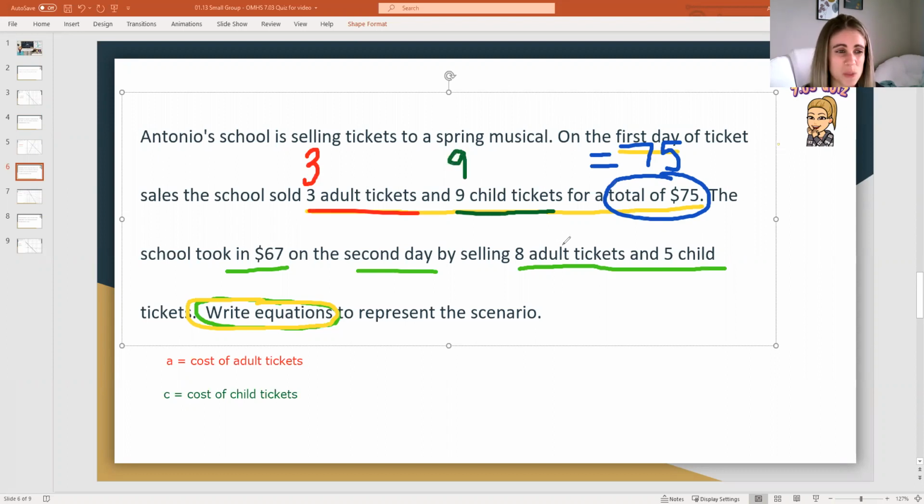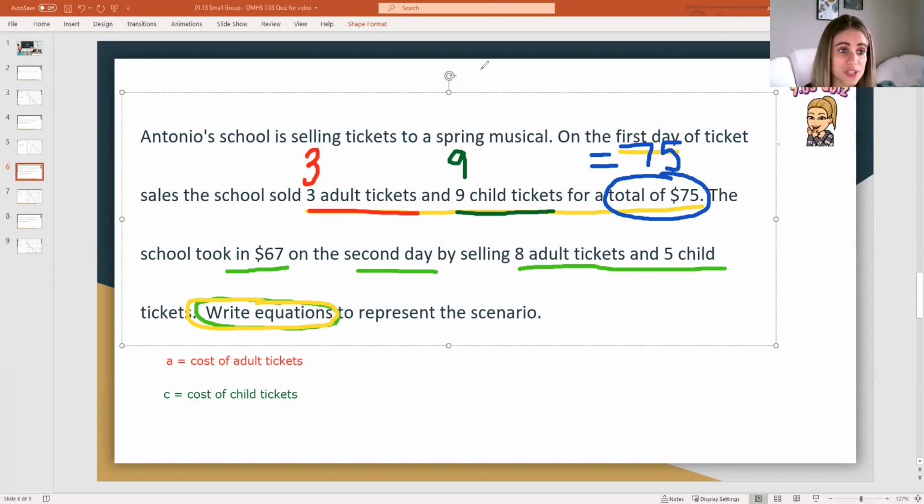But it can't just be 3 and 9 because 3 plus 9 is not 75, 3 times 9 is not 75. There's gotta be something else. The variable, that's what it is, because it's $75. And right now the 3 and the 9 aren't money. It's just the number sold. But my variables are the cost. So that helps me have an equation that matches up.